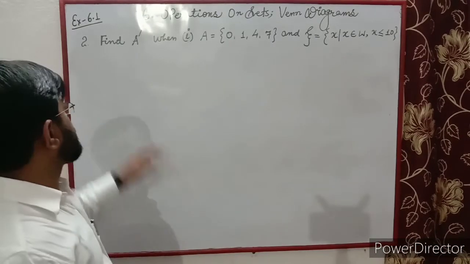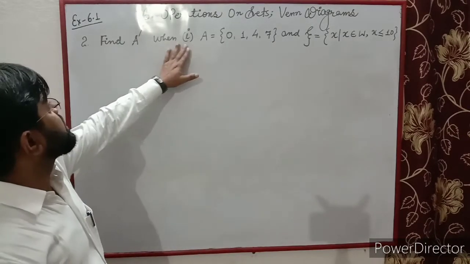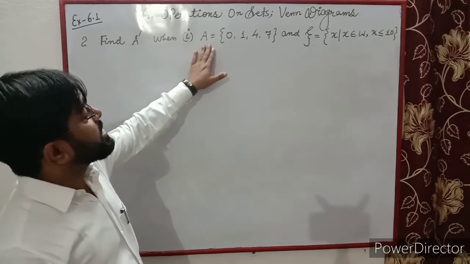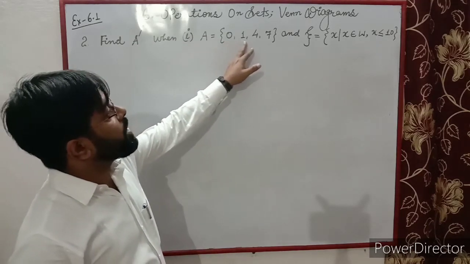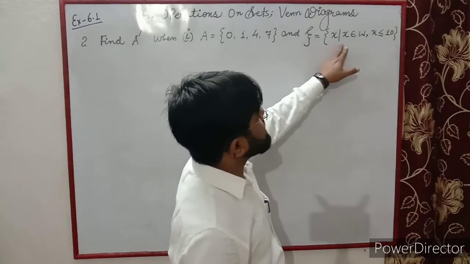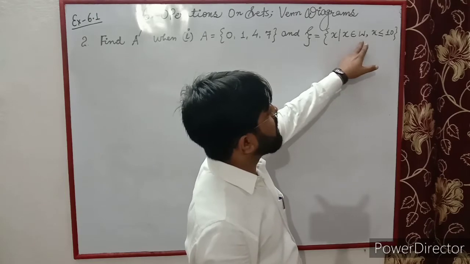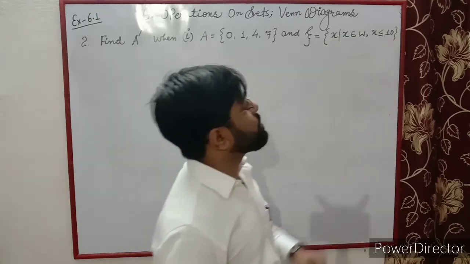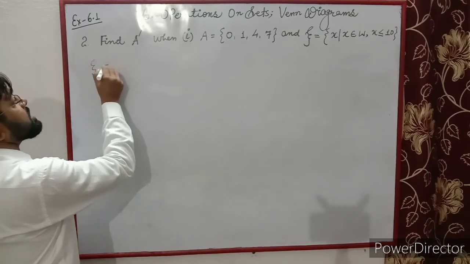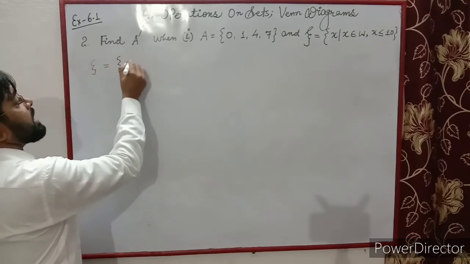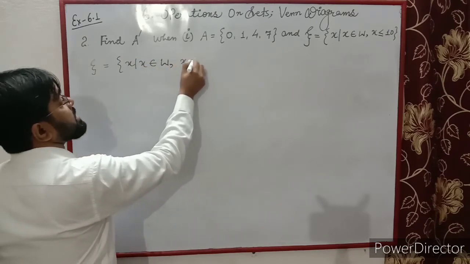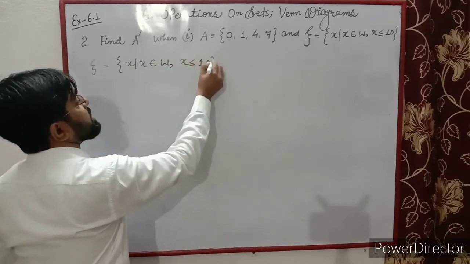One more question. Question number 2. First, find the complement of set A when set A has elements 0, 1, 4, 7 and the universal set has x such that x belongs to whole numbers and x is less than or equal to 10. So first of all, the universal set: x such that x belongs to whole numbers and x is less than or equal to 10.